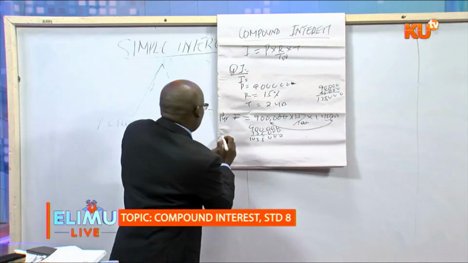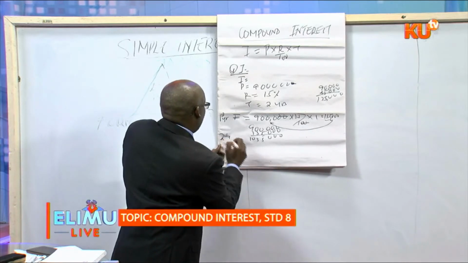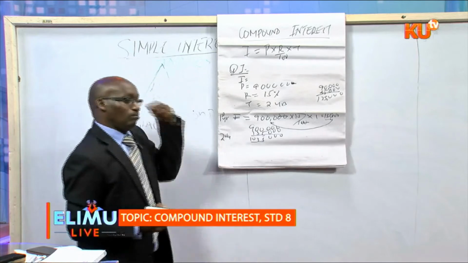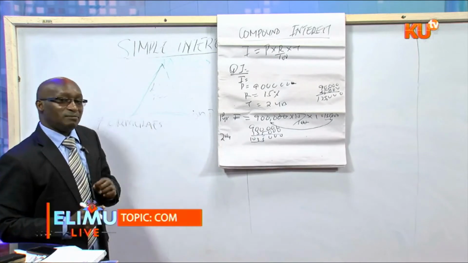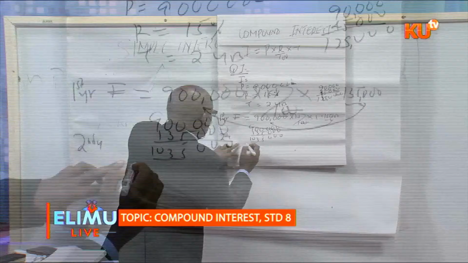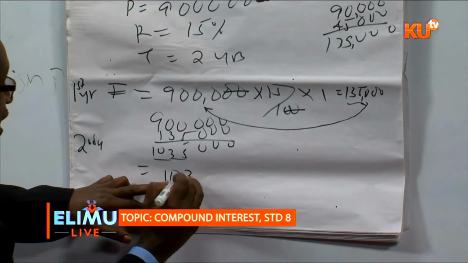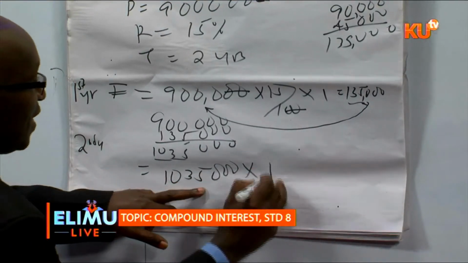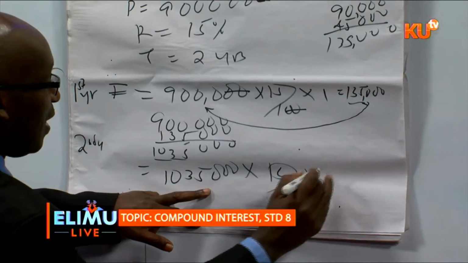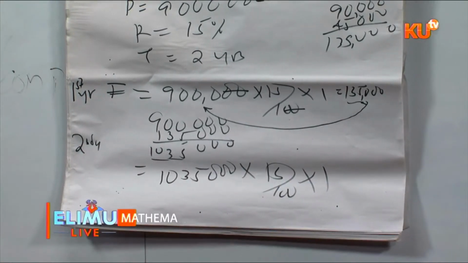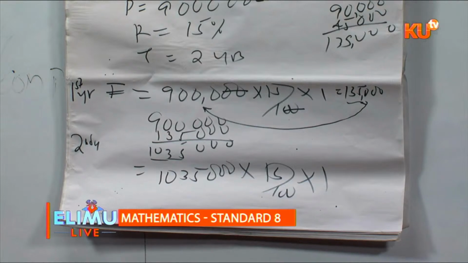So this becomes the principal at the beginning of the second year. You use the principal at the beginning of the second year, the rate is the same, again times 1 for the second year.